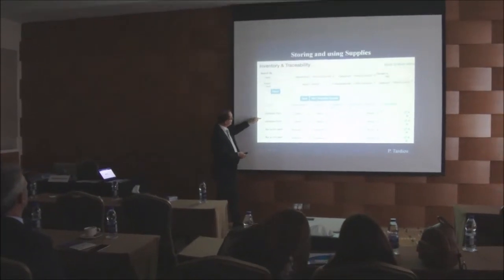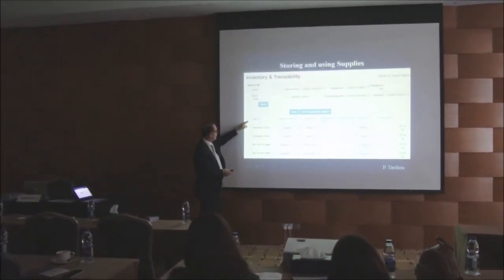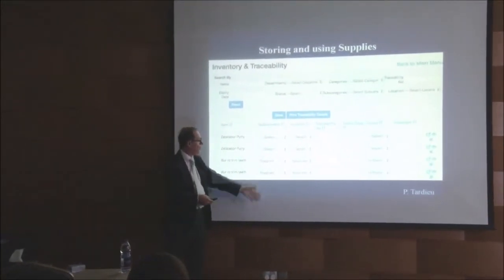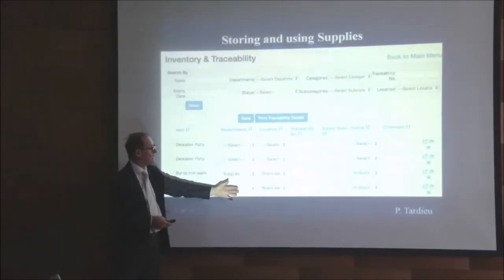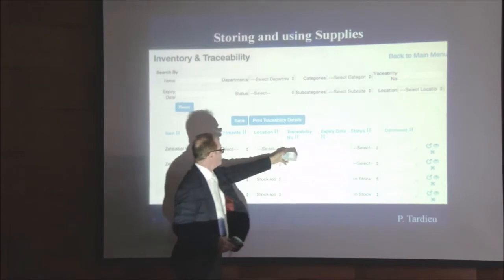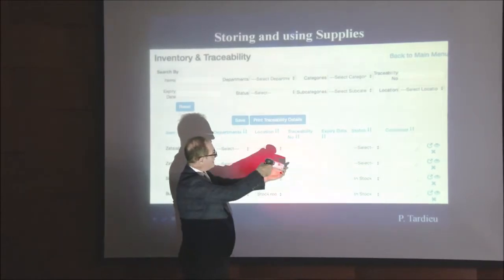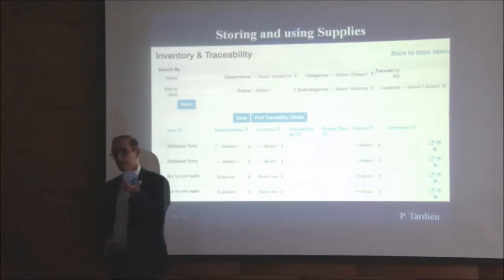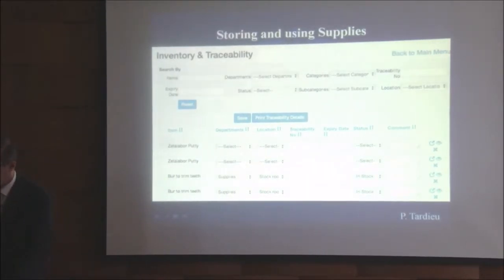And you can have a multi-selection, and when you change one in the multi-selection, all the rest will be done automatically. Where she is going is here in the traceability number, and she will scan here, and this number will come on all what she's been receiving, okay? And there is nothing to write.